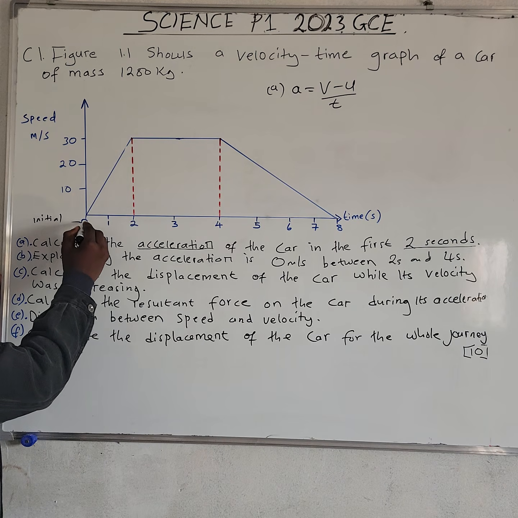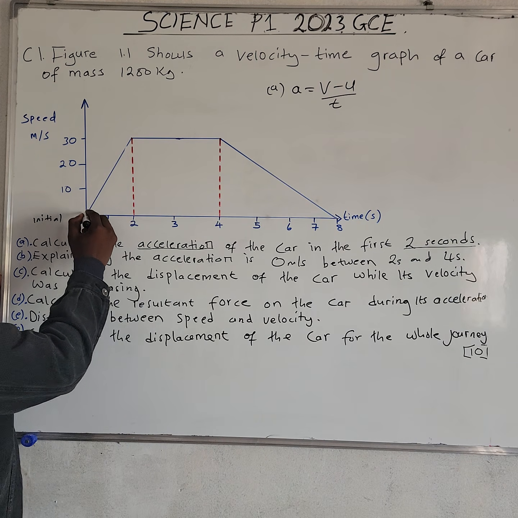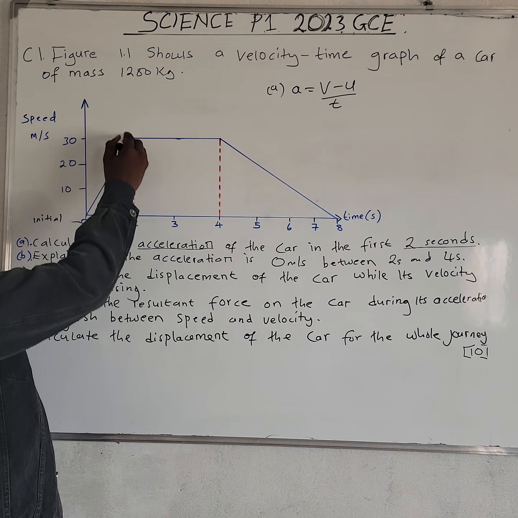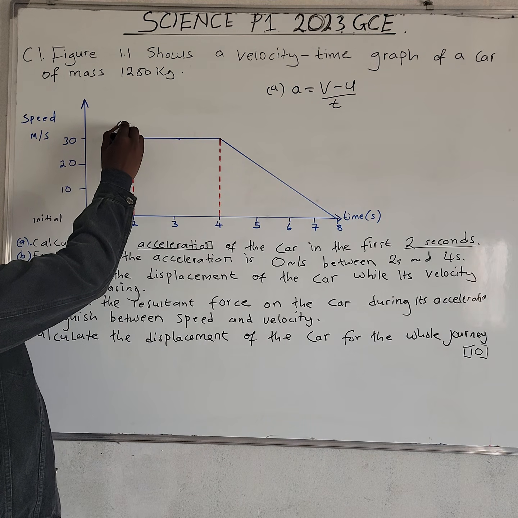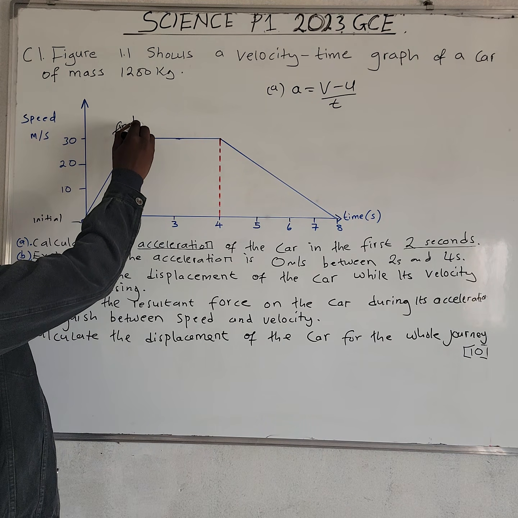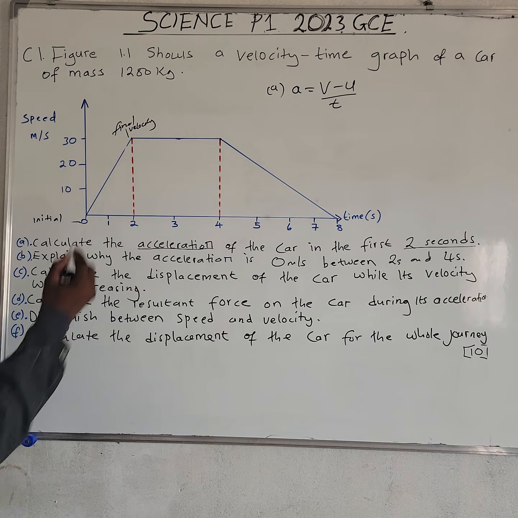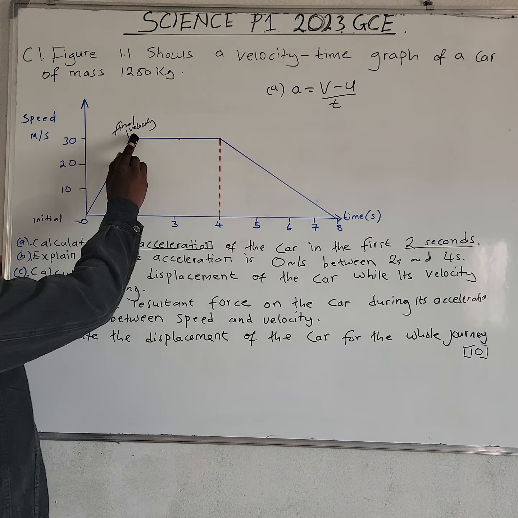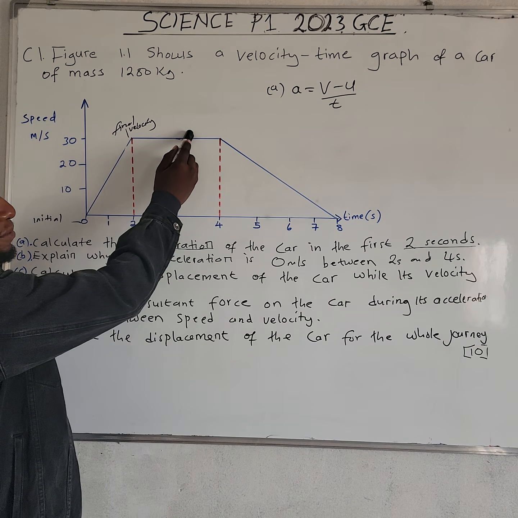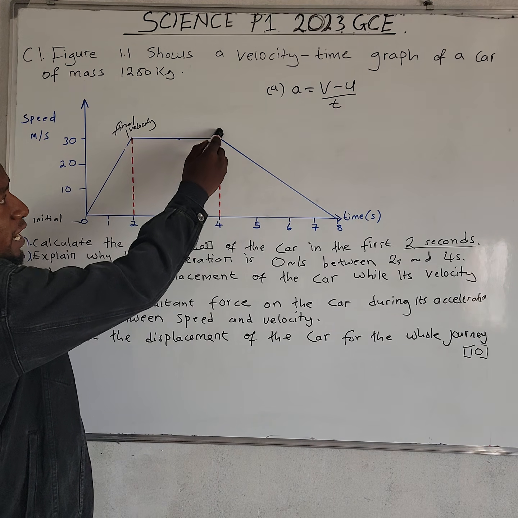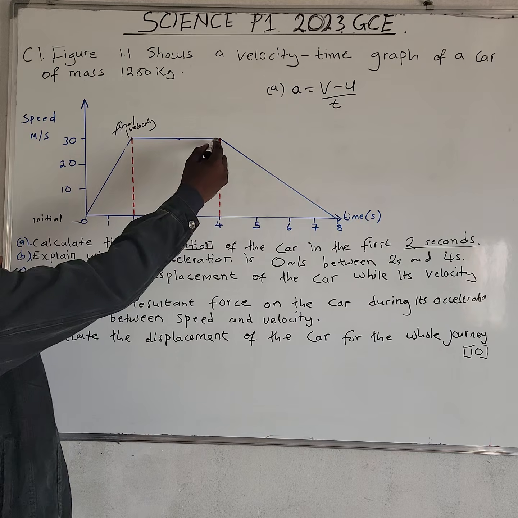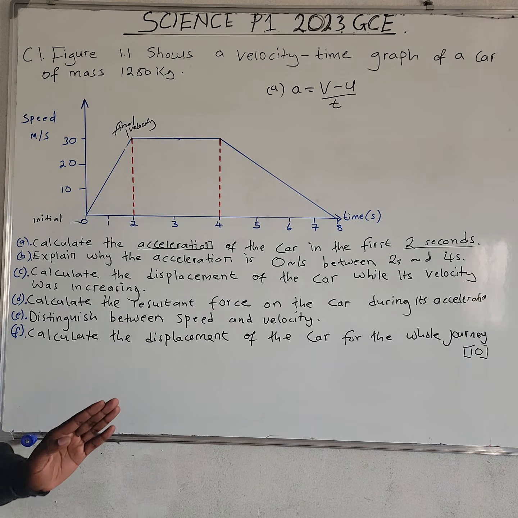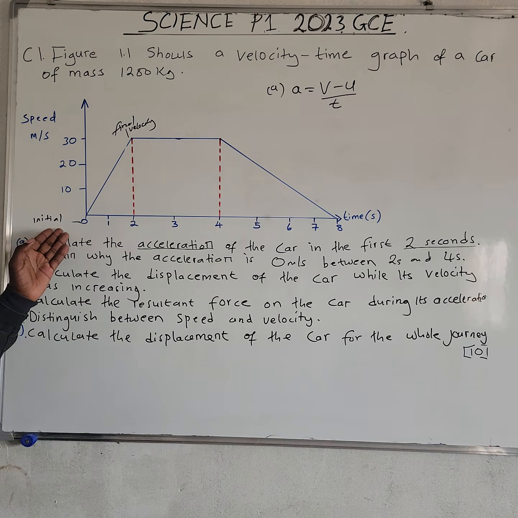The car started from rest, then the speed started increasing until it reached the final velocity of 30. Then the car was moving at a constant speed until after 4 seconds, that's when the speed started dropping down.